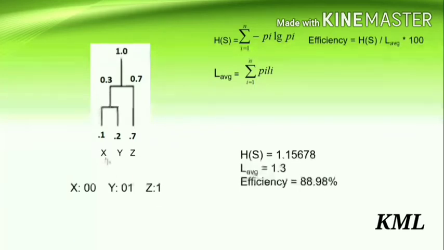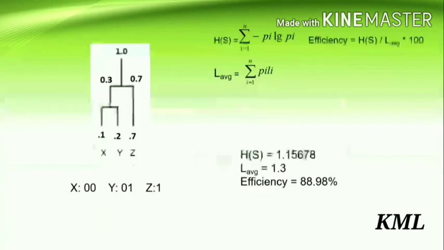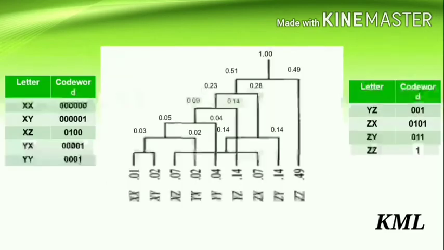Okay, so for X we get pair X with X, we get XX, pair X with Y, we get XY, and pair X with Z, we get XZ. See here we get XX, XY and XZ here. Okay, same way pair Y with X, then Y with itself and Y with Z. So you get YX, YY and YZ.